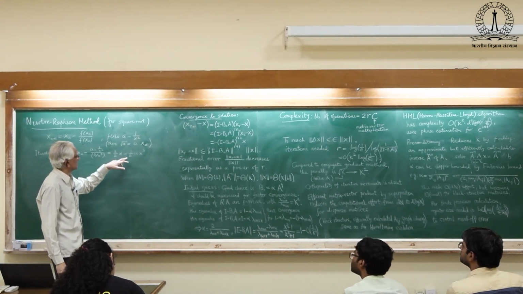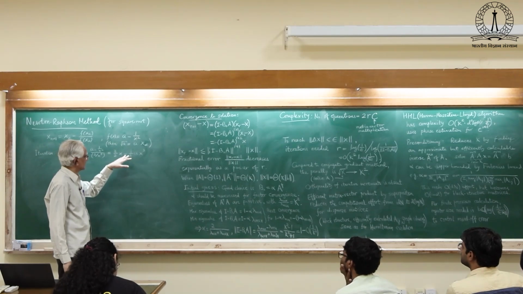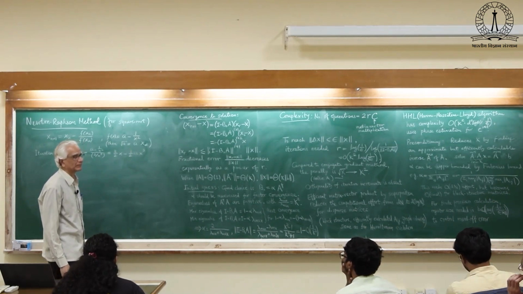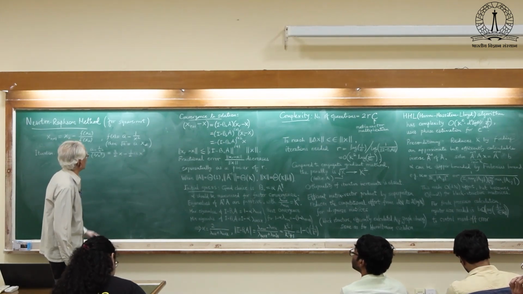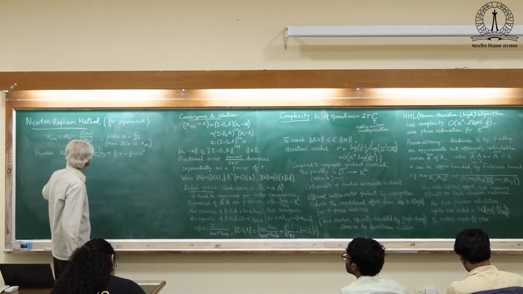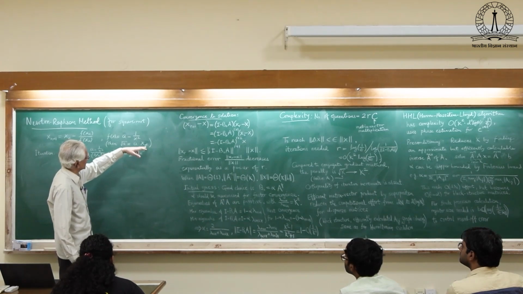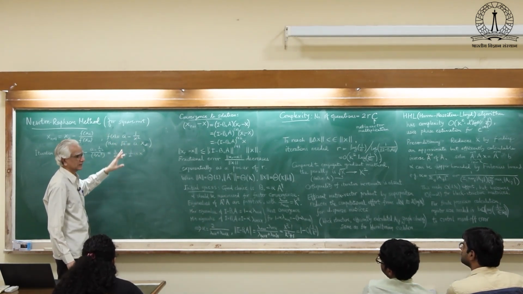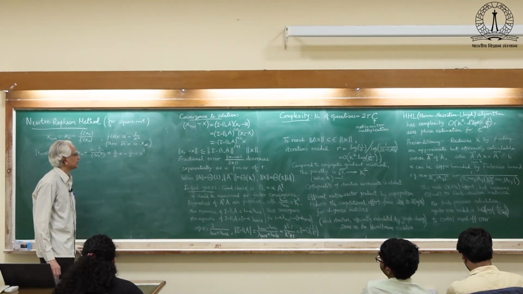The point is that this can be calculated using only addition and multiplication. And then you let it converge, which I just wrote as x infinity, and multiply by a power of a to get a square root.